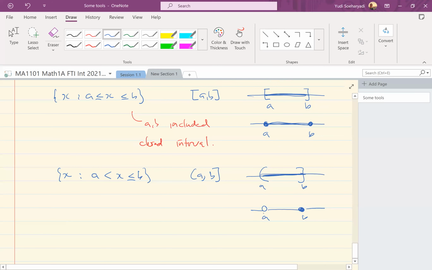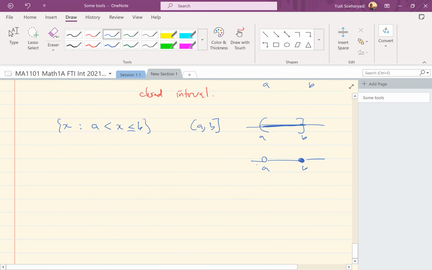Okay, so this is a hollow dot at A and then solid dot at B. Okay, this is hollow dot. This is solid dot. Or we can say that this is open at A, closed at B.